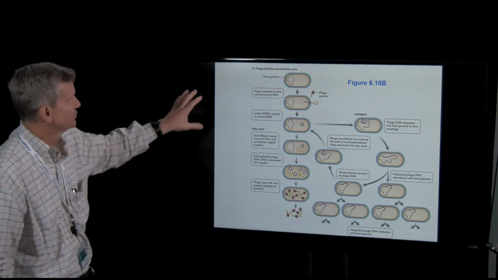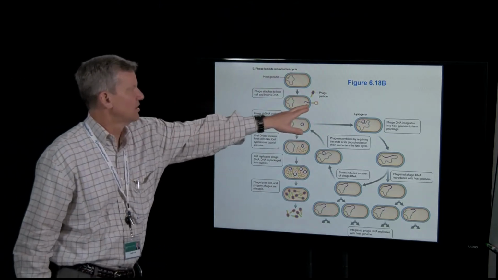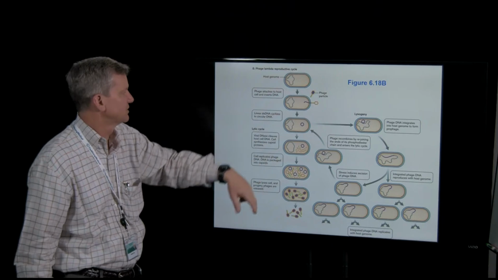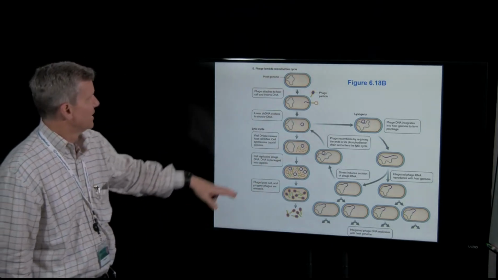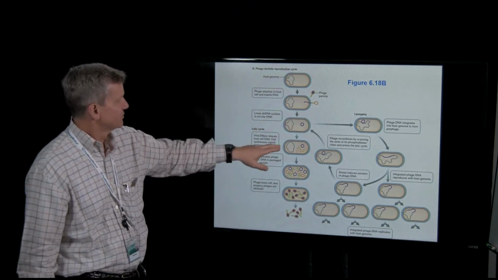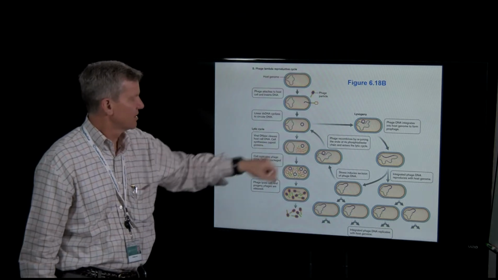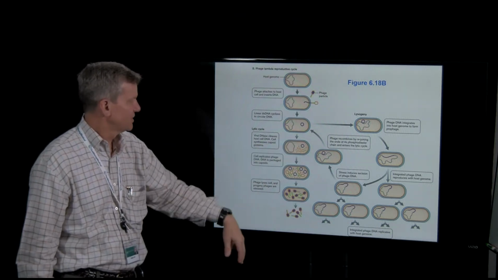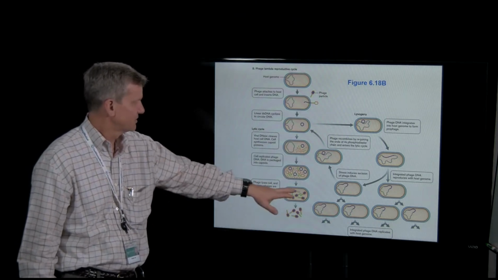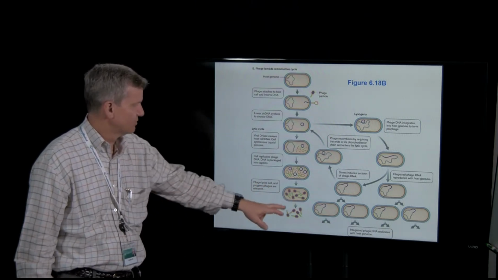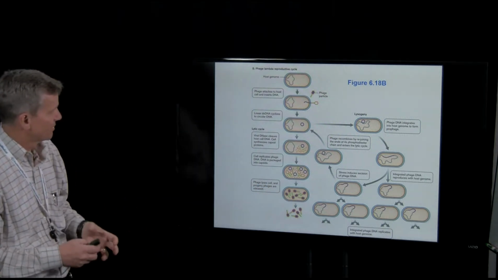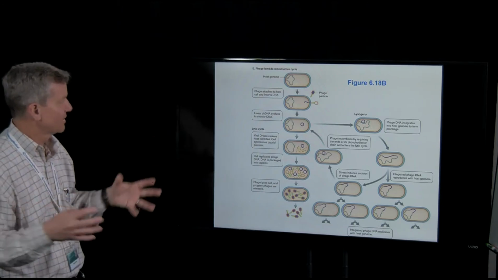So this is a picture of what happens. The phage binds to a receptor on the bacteria, injects its genome into the bacteria, and if it enters the lytic cycle here, it starts making more of its capsid proteins, its sheath proteins, tail fibers, and then is released as it lyses the bacteria.